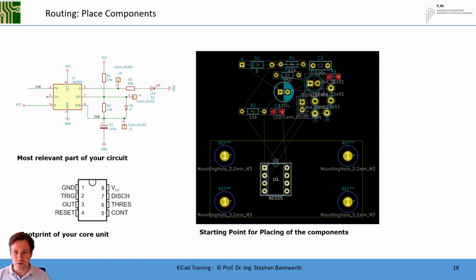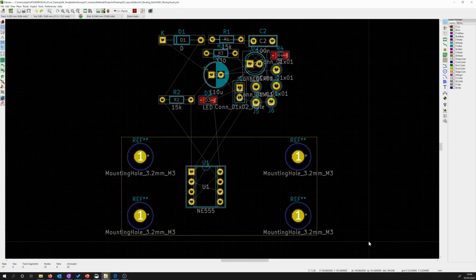Now I want to show you how to lay out the right part of the PCB, so we take care about R1, R2, C3 and the diode D1. Before we start with the layout or the placement of R1, R2, C3 and D1, I want to get rid of the annotation about mounting holes right in our board outline.